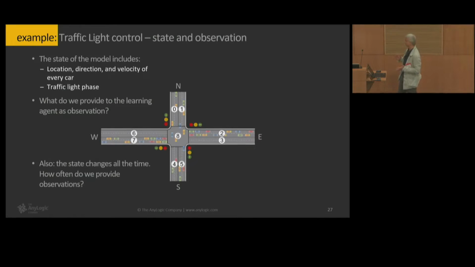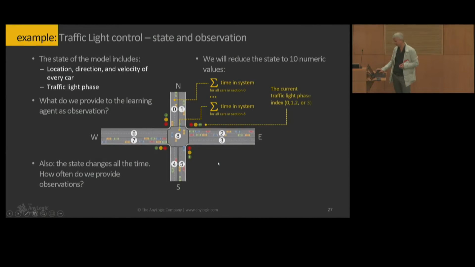So in this case, the decision was made, okay, we will simplify the state by dividing this intersection into 9 zones and simply calculating time in system for all cars in each zone. So we will have 9 numeric values. Plus, we will have the current traffic light phase.